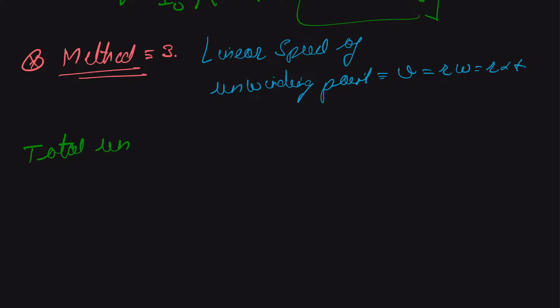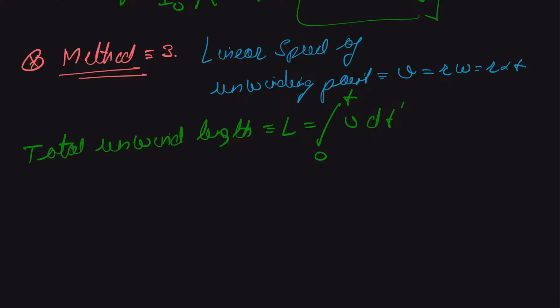That L we can find by integration of this velocity with respect to time, calling the variable t prime so that it is easy to substitute, from 0 to t.